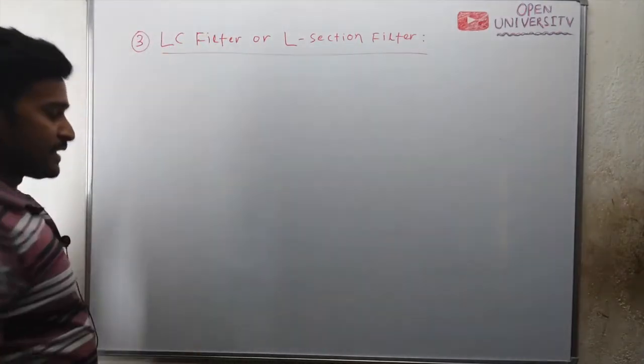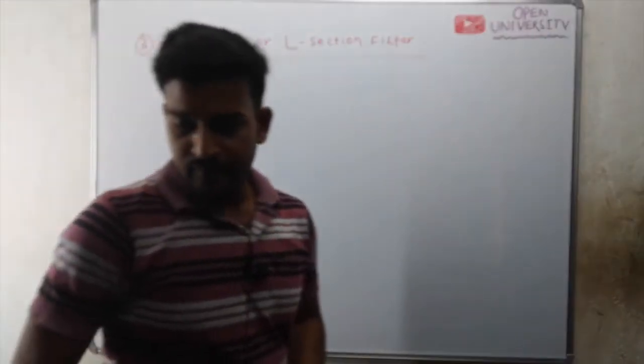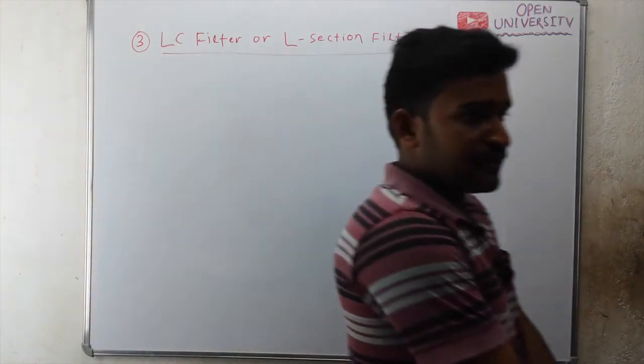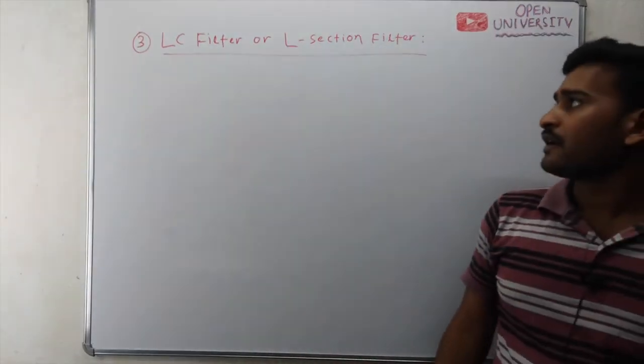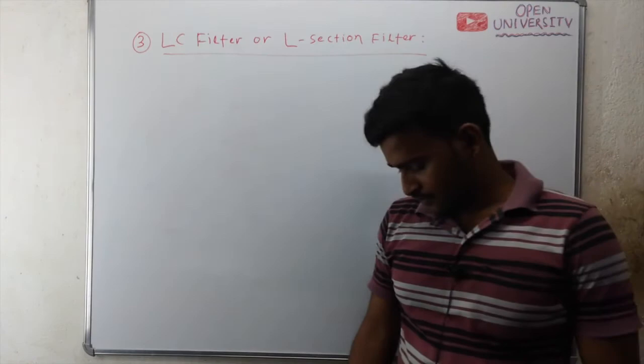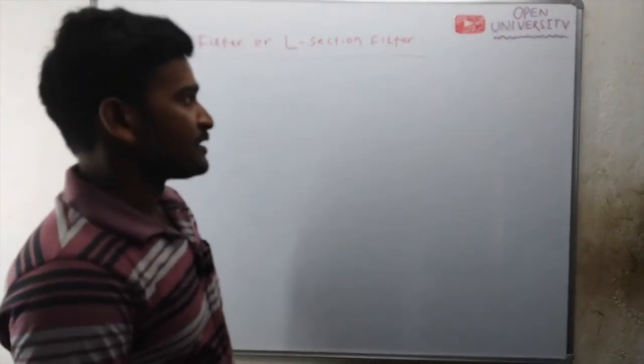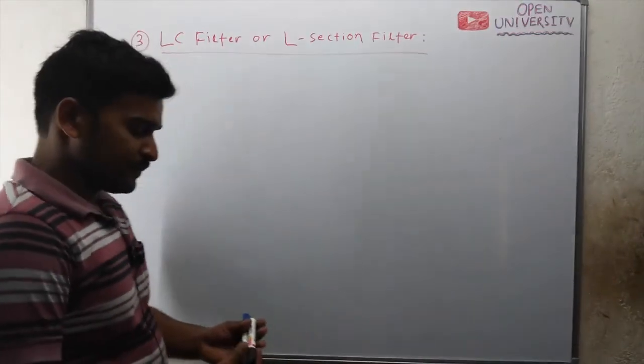LC filter means inductor capacitor filter. This is the last filter and it is the best one. There are three types of filter: inductor filter, capacitor filter and LC filter. And basically filter is used to remove the unwanted AC component which is present in the output of a rectifier.